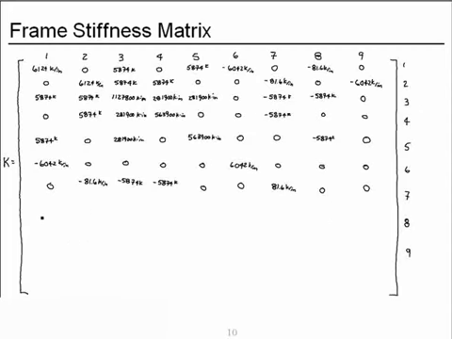So we have minus 81.6 kips per inch and 0, 0 minus 6042 kips per inch, minus 5874 kips and 0. We said column 4 would be zeros.